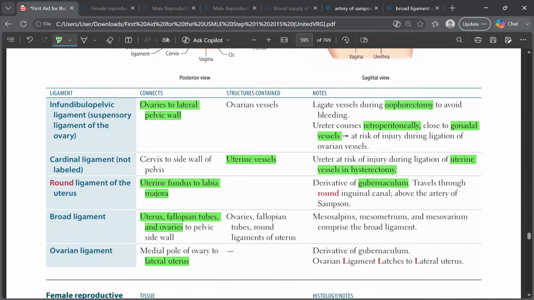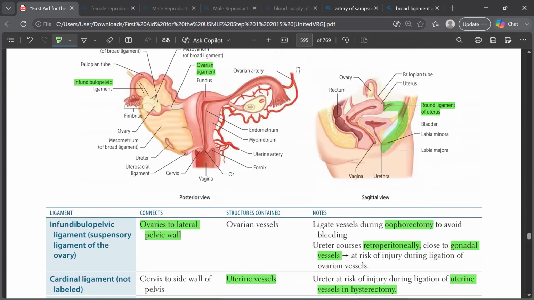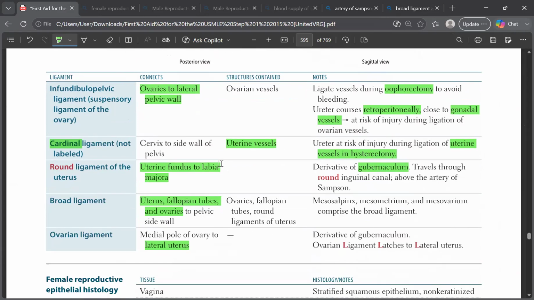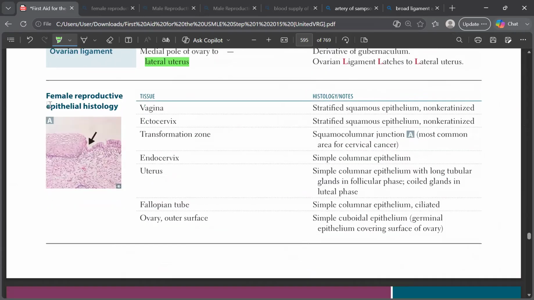We've done the broad ligament that connects the three structures to the pelvic side wall, and we've done the cardinal ligament that connects the cervix to the side wall of the pelvis, and its ligation causes the ureter to be at risk of injury during hysterectomy. Cardinal ligament. That is why it is cardinal, because it causes the ureter to be at risk. So these were it. Now we go to reproductive epithelial histology.